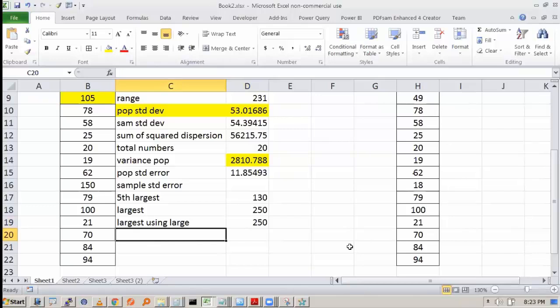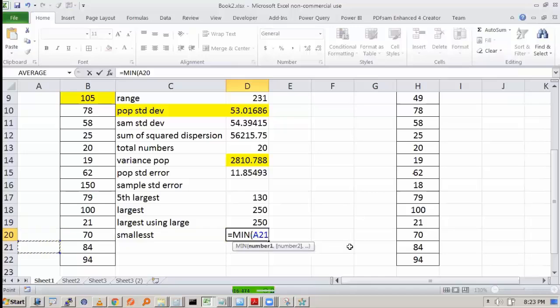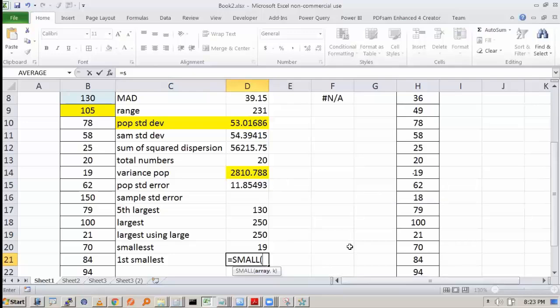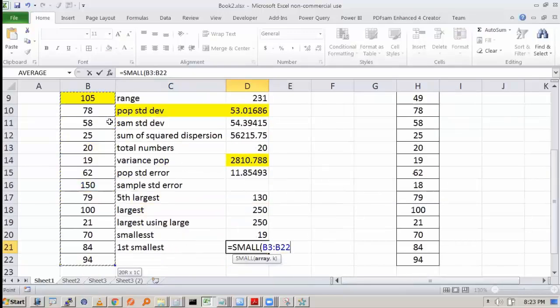Then we have the smallest. We can compute using the min, or you can compute using the first smallest. What is the first smallest? You use small, you use this array, and you say 1.